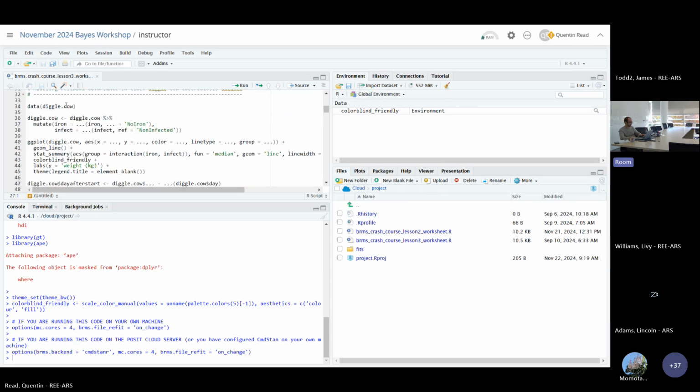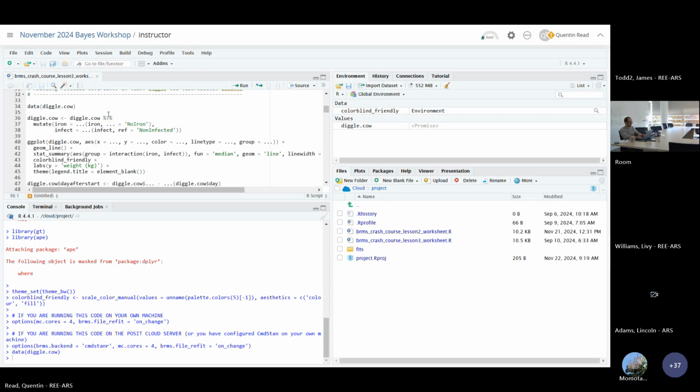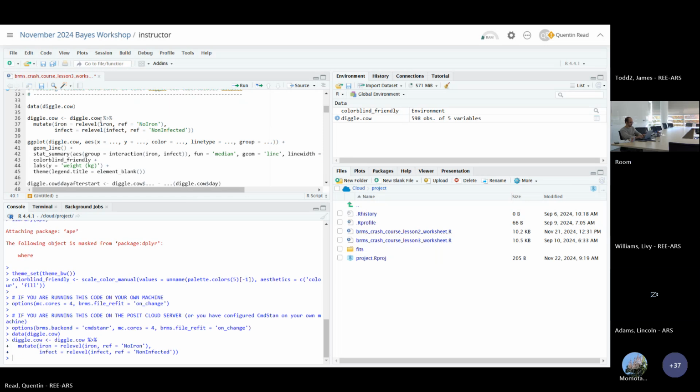So let's load the data set, data, diggle.cal. We'll run that line, control enter. And then we'll fill in the blanks here. In both cases, we're going to use the relevel function to change the level of the factors, and ref equals is what we said is the reference or intercept level. Relevel and ref. Control enter.